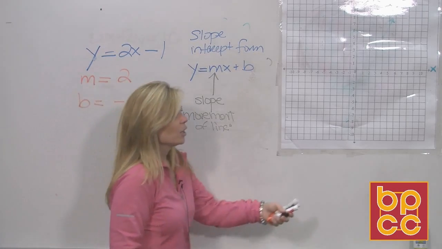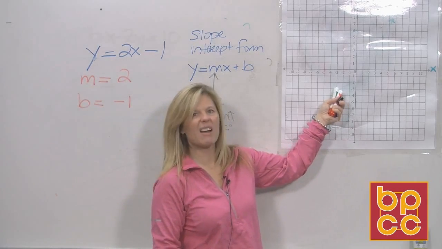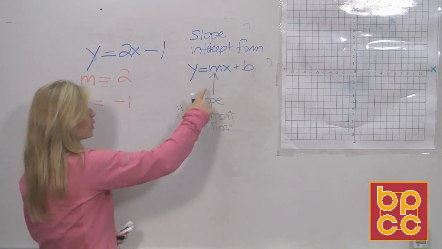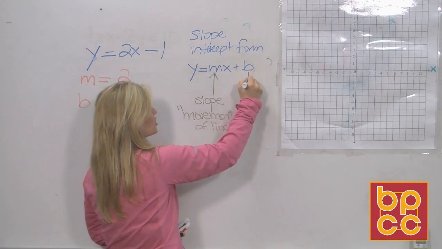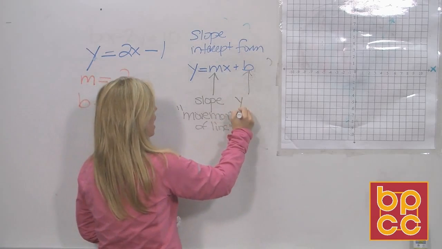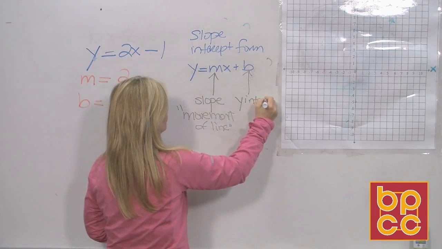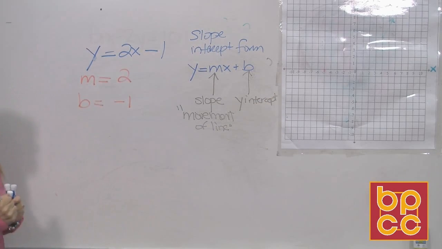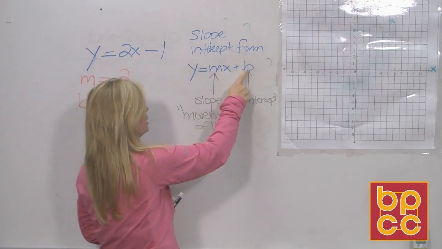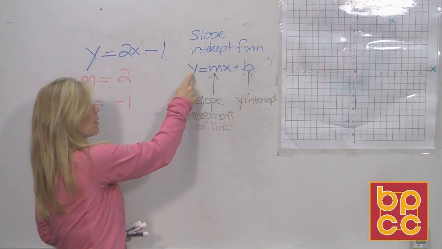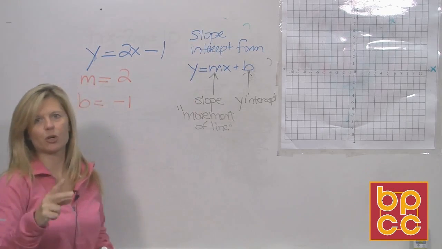Well, sweeties, you can't move yet. You don't even have a starting position. So the other number that's behind the x stands for a word. The B stands for the word y-intercept. Now, you're going to say, why do they use the letter B for the word y-intercept? Why don't they use the letter y? Well, you already have a y in the equation. You can't have two.